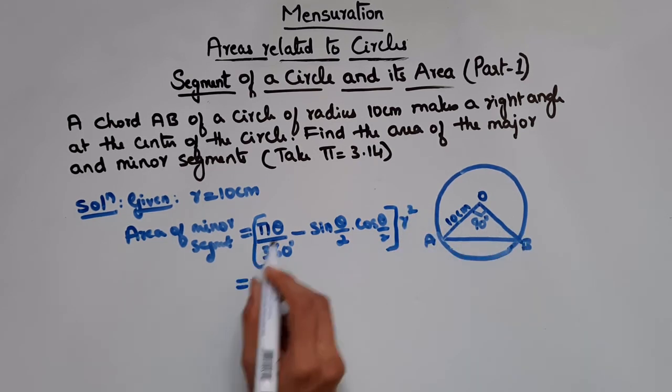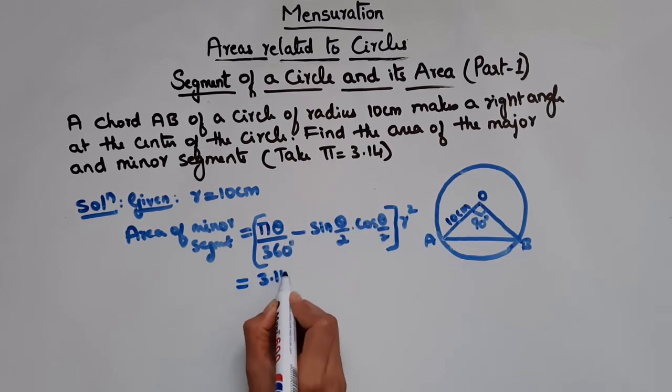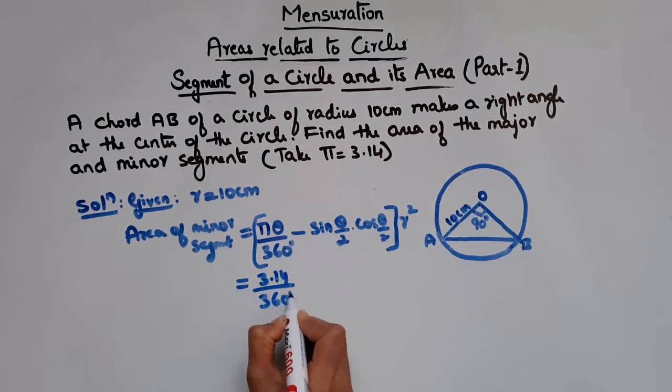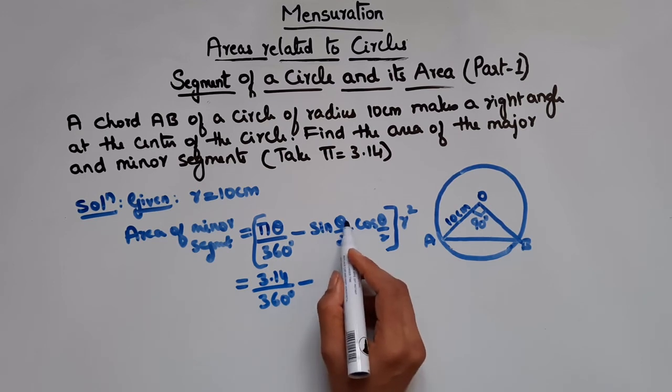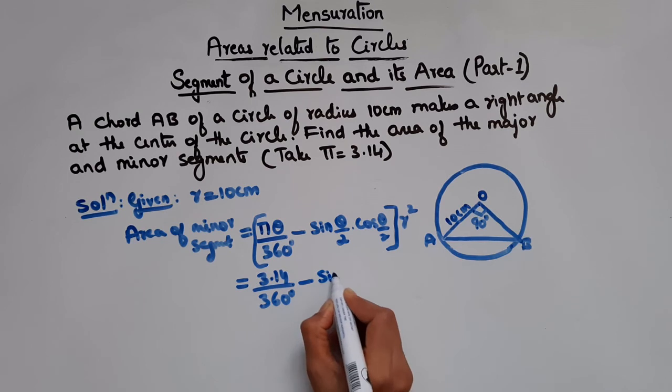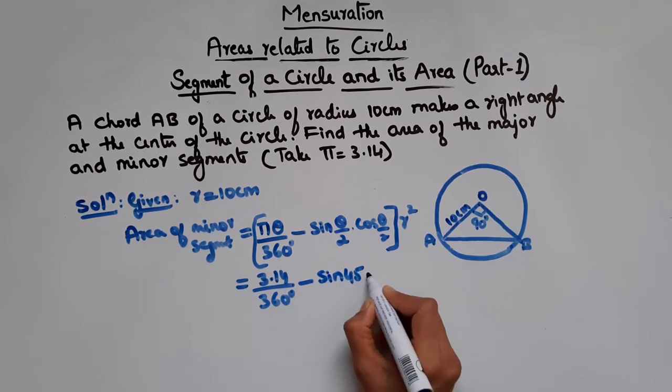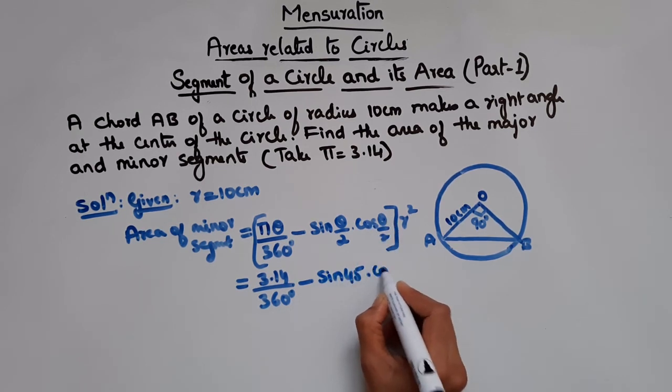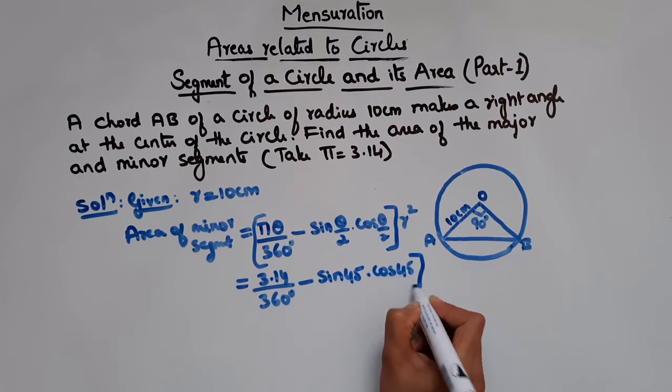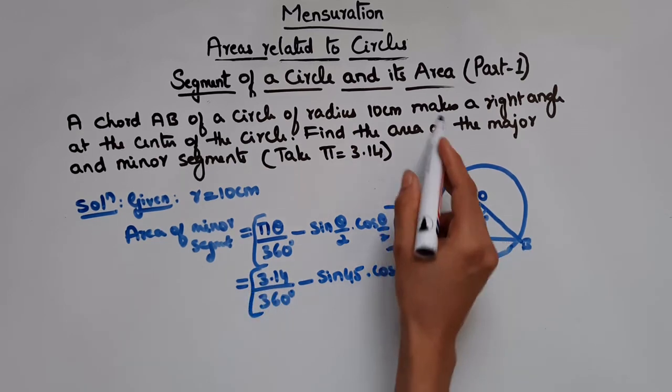Simply substitute the value. Here pi they have said to take 3.14 by 360 degree minus sine of theta by 2. Theta is 90. So 90 by 2 is 45, right? So sine 45 into cos of 90 by 2. So cos 45 whole into r square. R here is 10.